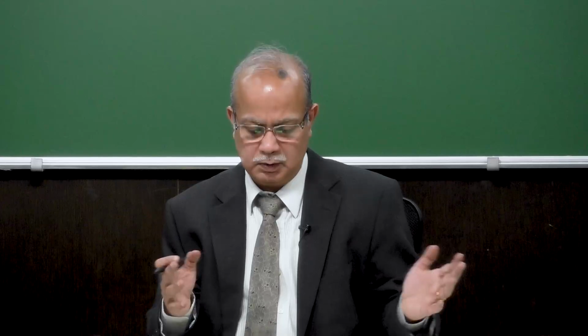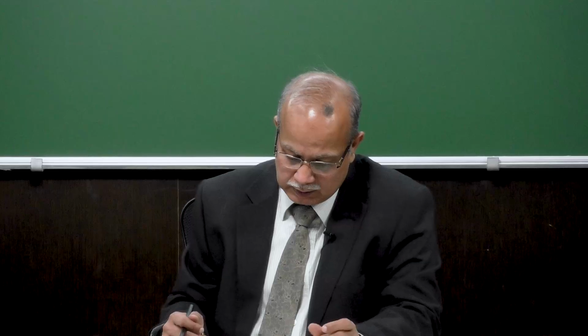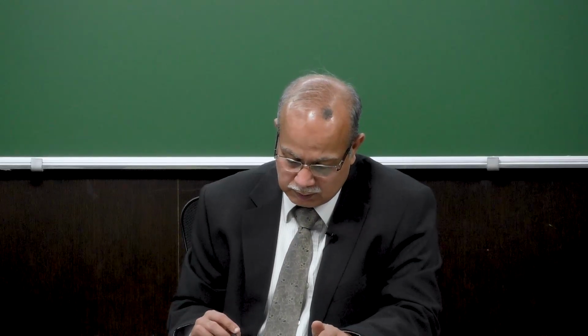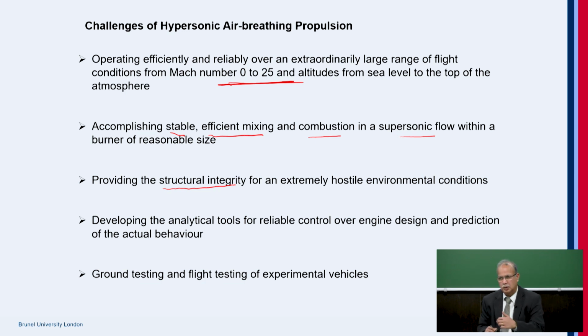It also has a higher flammability limit, between 4 and 75, and that's why hydrogen is used as a fuel. And whenever you go at speed, speed means you are increasing temperature, the higher the speed. So thermal stresses will be a problem. When you have thermal stresses, it can affect the strength of the material, the structural integrity. It's very challenging in the hostile environment.